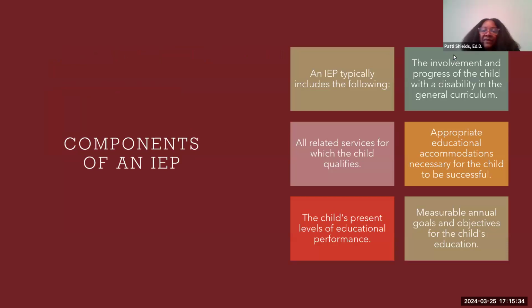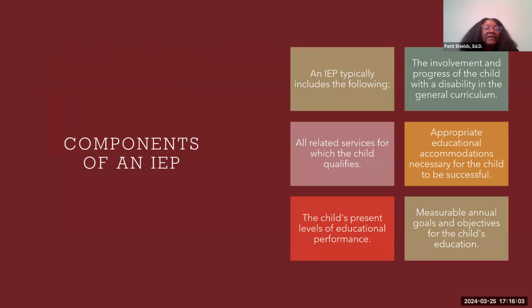Then we have the components of an IEP. An IEP typically includes the following: the involvement and progress of the child with a disability in the general education curriculum, and all related services for which a child qualifies. Those can include speech, physical therapy, occupational therapy, deaf and hard of hearing services, or anything that the child needs as a related service.